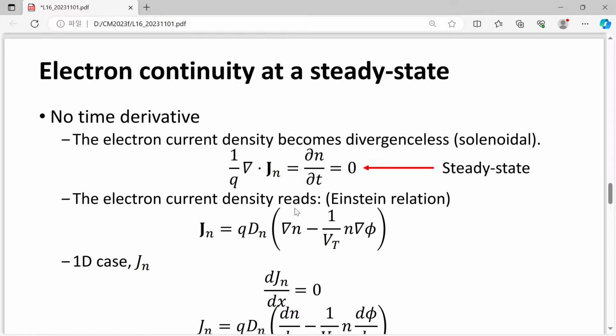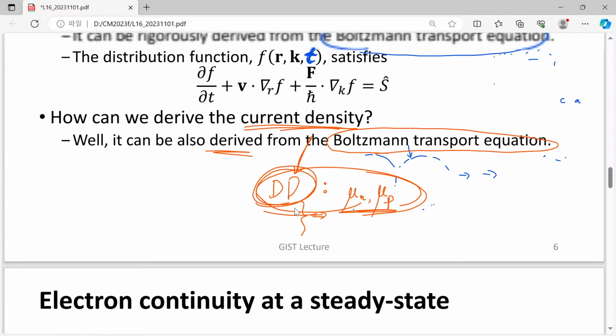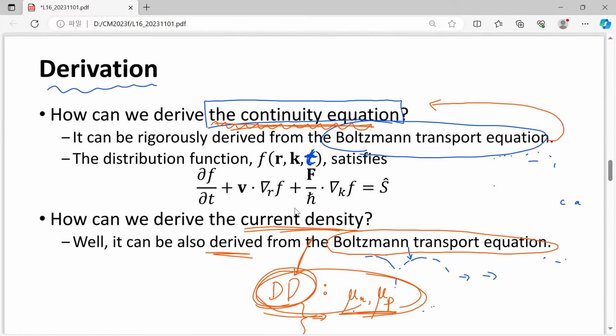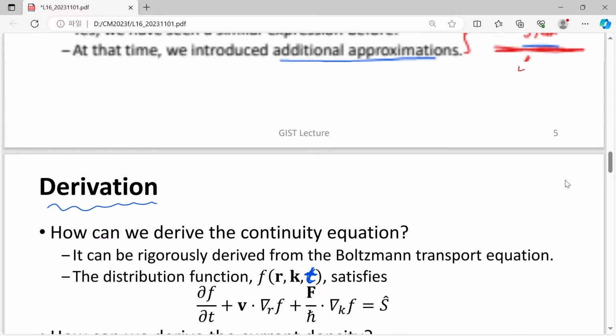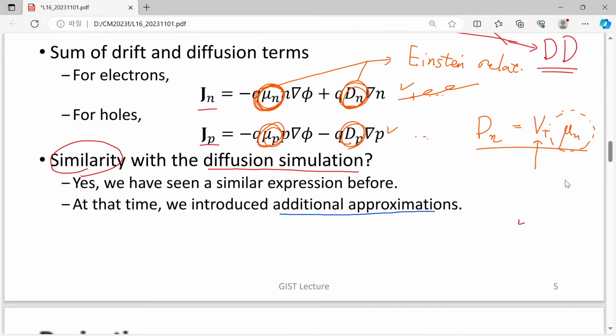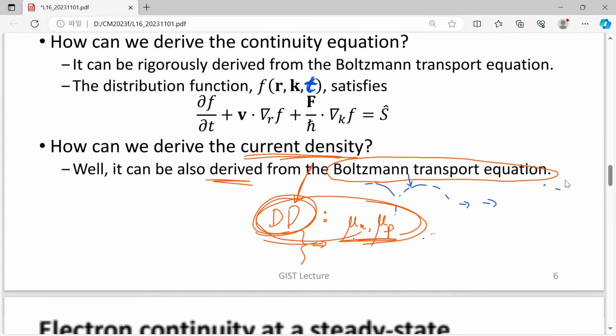Okay, then I wanted to say that if we had sufficient time, then in our regular course we would follow the derivation procedure. However, unfortunately, I think it is more suitable to just introduce the final form and go to its implementation.